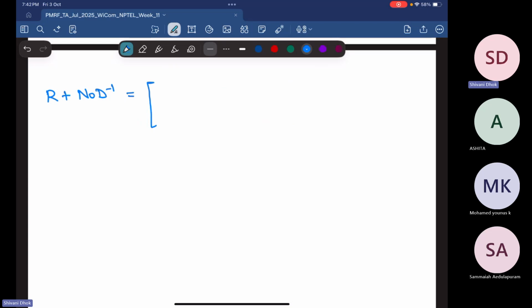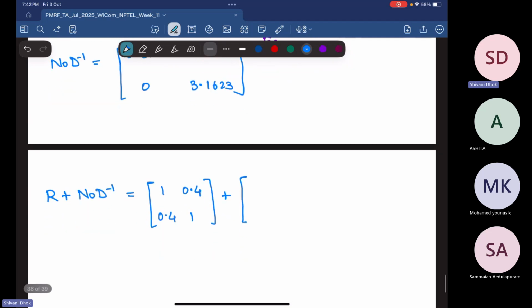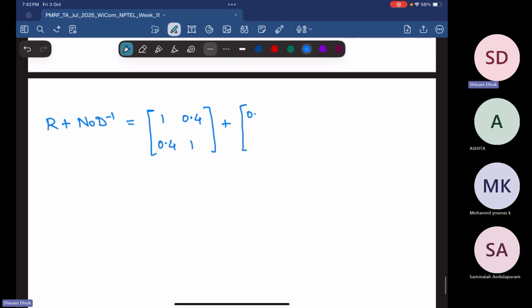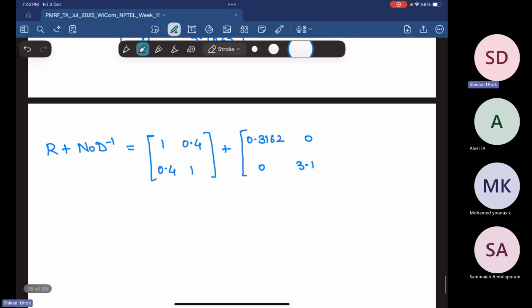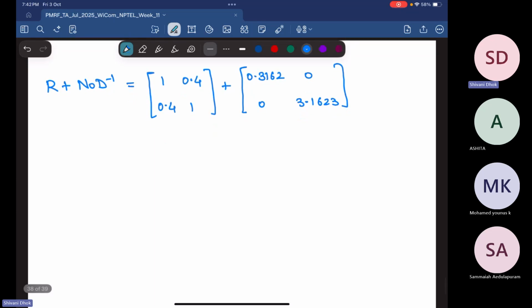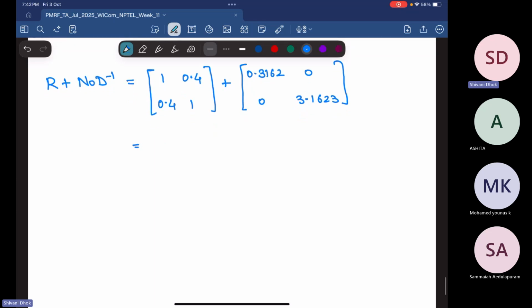Your R is 1, 0.4, 0.4, 1 plus your N naught into D inverse, which is 0.3162, 0, 0, 3.1623.